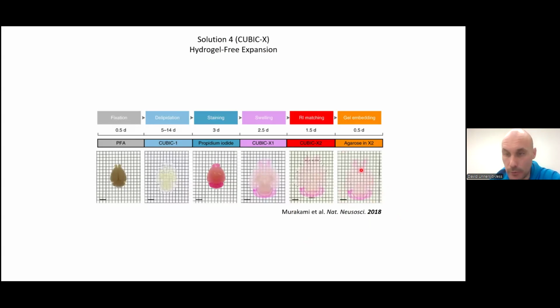So in this protocol, you can see here that they managed to expand this brain around twofold or so, which is still a pretty decent resolution improvement. Of course, not as much as the other protocols, but with the advantage that here you don't need to introduce this gel at all.